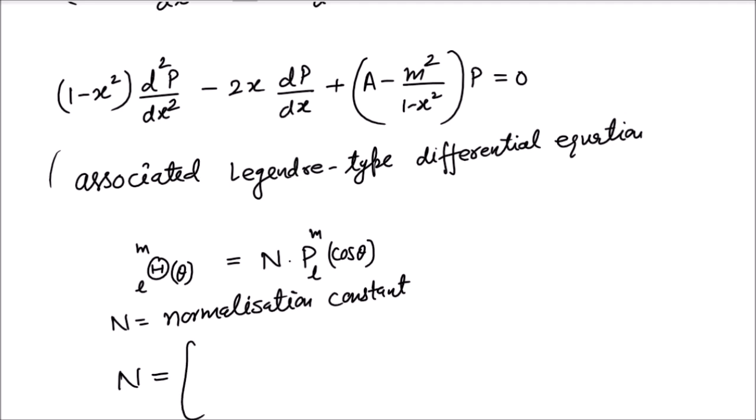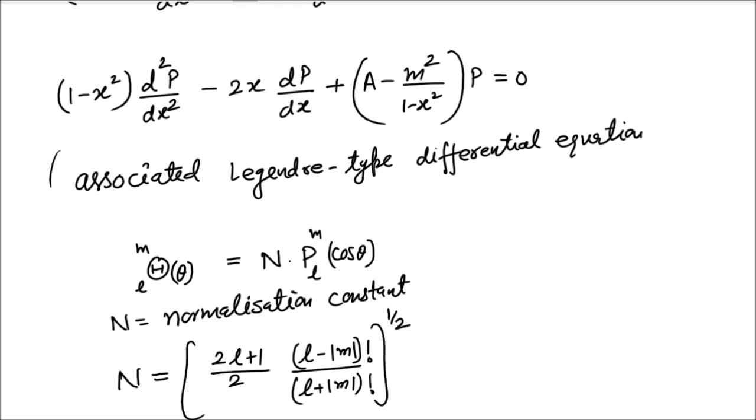It is again the square root of (2L plus 1) by 2 times (L minus magnitude of M) factorial over (L plus magnitude of M) factorial, raised to power 1 by 2.